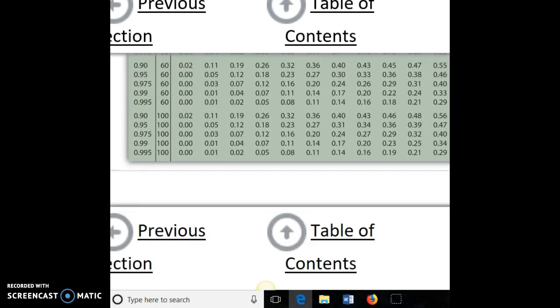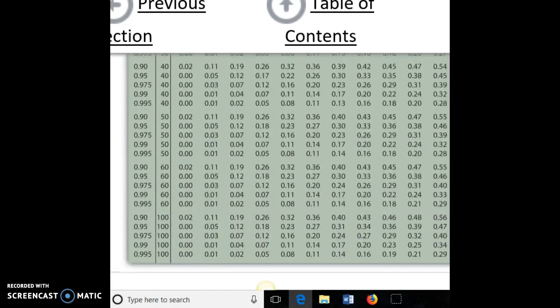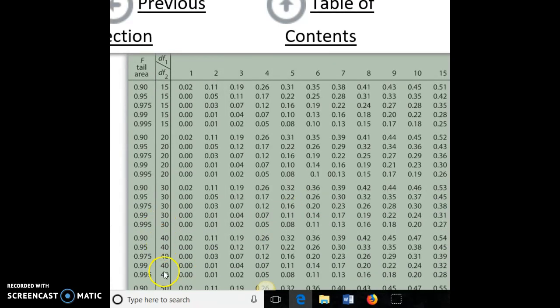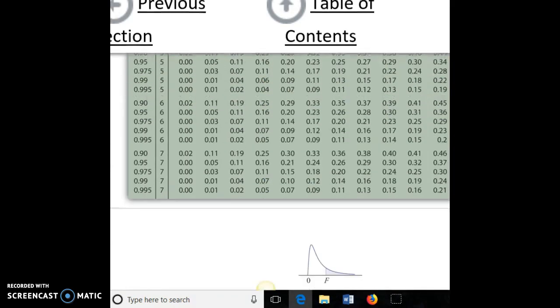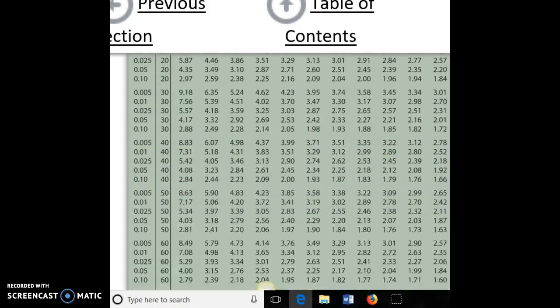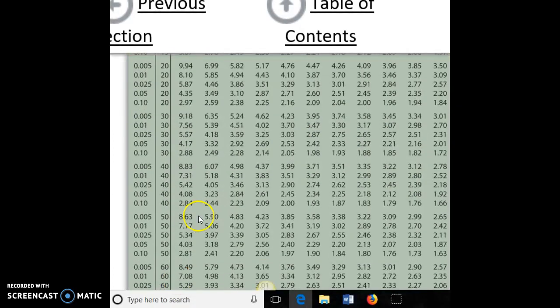If I can get my scroll bar to work for me here. All right, so here's 40, but these are large tail numbers on the left, and we want 0.05. So let me see, I may be too high on the chart. Yeah, here we go. All right, so here we are with a DF2 of 40, and here's the 0.05 that our alpha is.